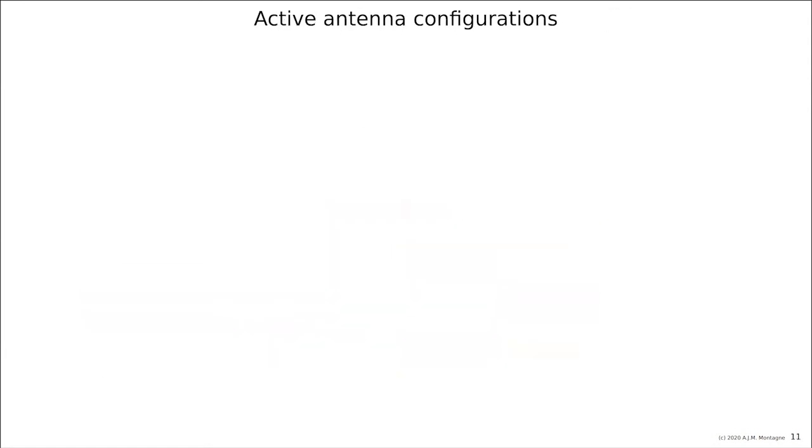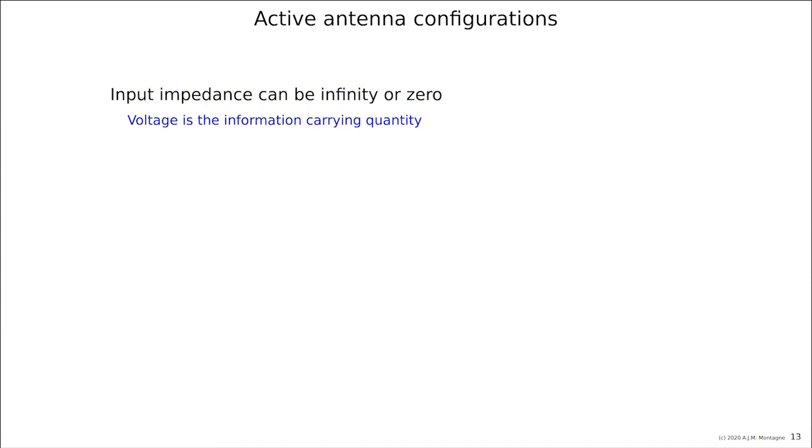Let's see what this means for our active antenna. So the input impedance of the active antenna can be either infinity or zero. Why? You would say the voltage is what we want to know. Yes, definitely. Voltage is the information carrying quantity at the input of the antenna, but the antenna impedance is accurately known and can be used as a VI converter.